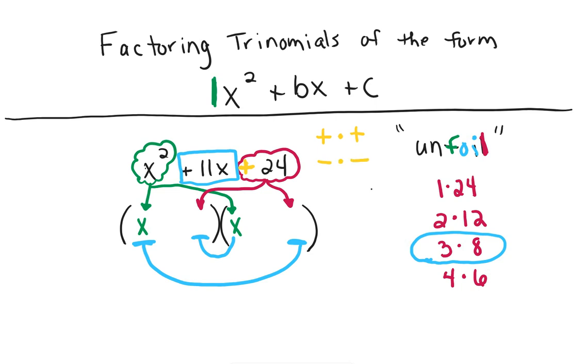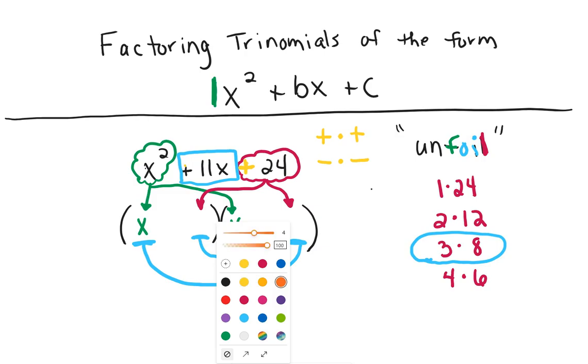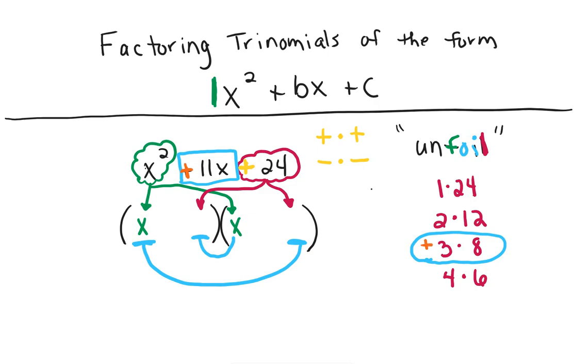And since my middle term right here is a positive 11, both of these numbers are going to have to be positive. I'm going to have a positive 3 and a positive 8. So I'm going to have an x plus 3 times an x plus 8. That's my answer. And if I put it all in one color, x plus 3 times an x plus 8.